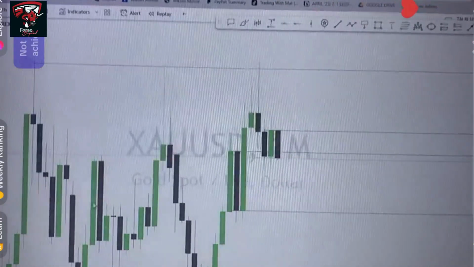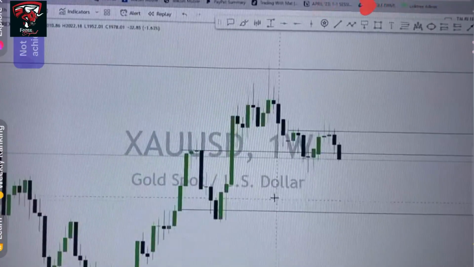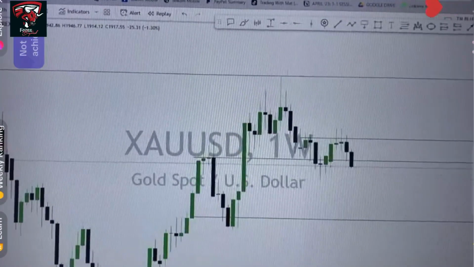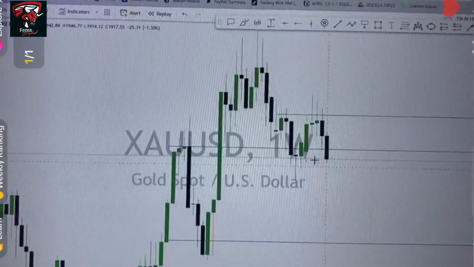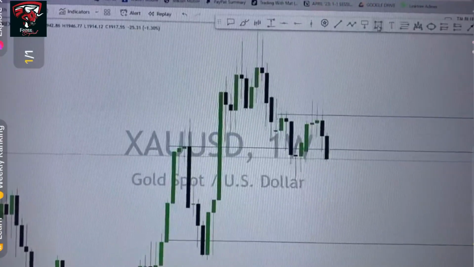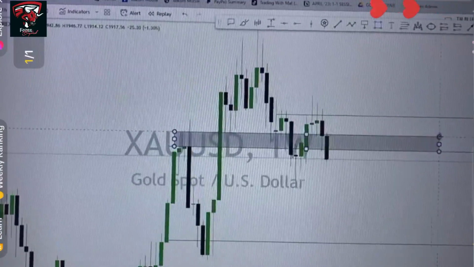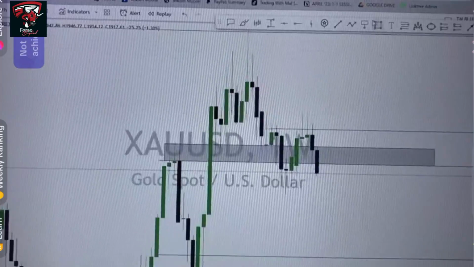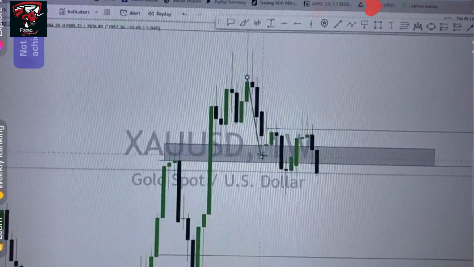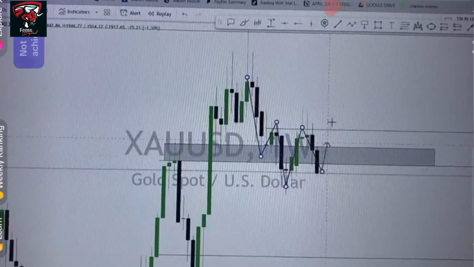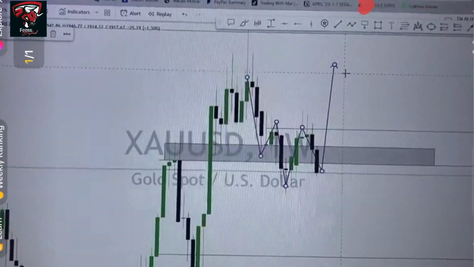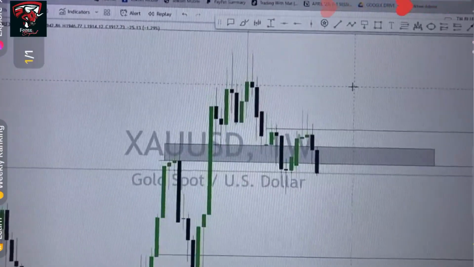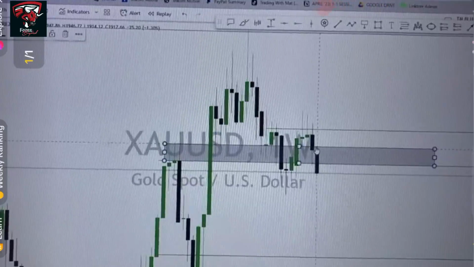All right, monthly time frame, weekly time frame. You know, I would love for this setup to just flip bullish and become an inverse head and shoulders and just boom, violate everything and go straight to the moon. But I'm not a market maker.